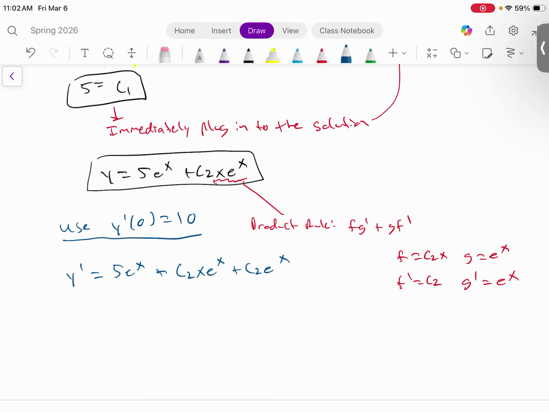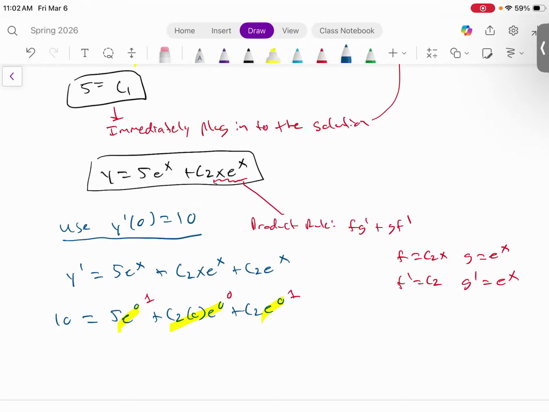But now we can just plug in our initial condition. Anything times 0 goes away, so this just goes to 0. E to the 0 just goes to 1, and e to the 0 just goes to 1.